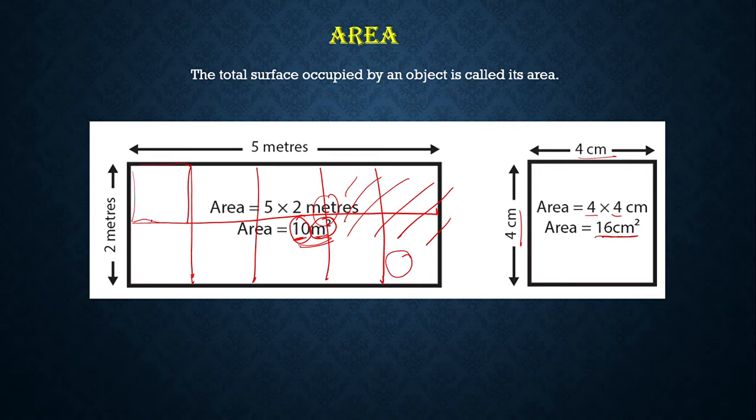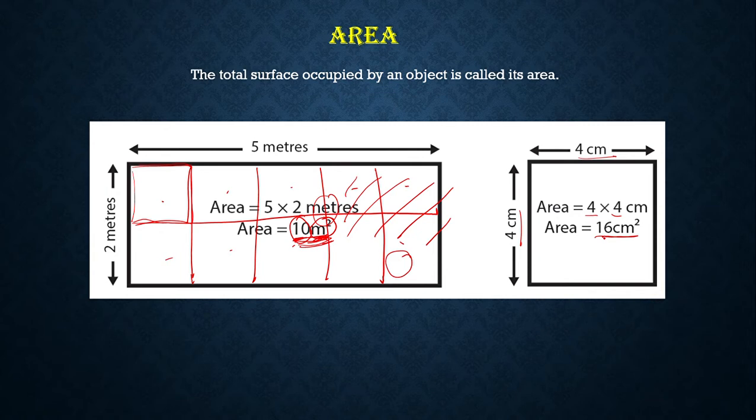So this is a square of 1 meter each. If you say there is 10 meter square, that means you have 1, 2, 3, 4, 5, 6, 7, 8, 9, 10 squares. So when you multiply this, the area is 10 meter square. That means you can fill this place with 10 such squares of meter length.